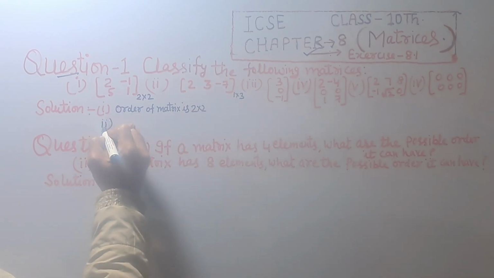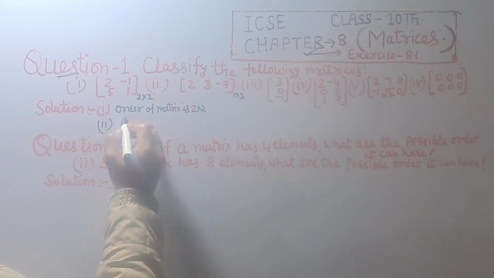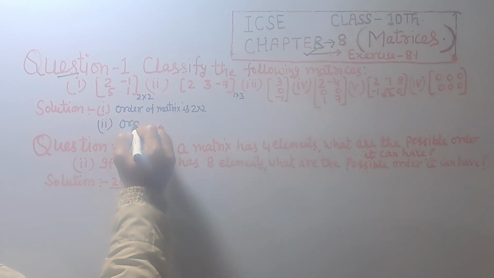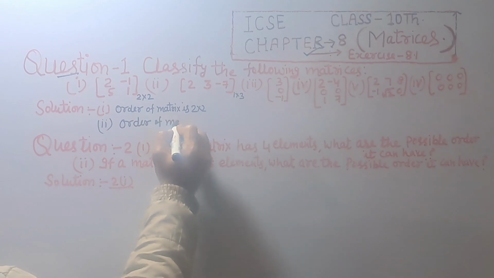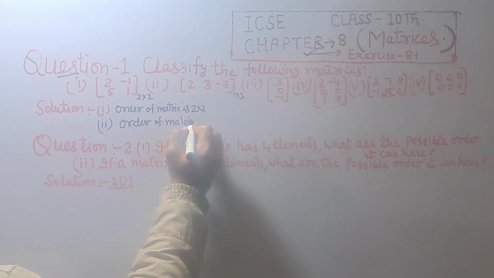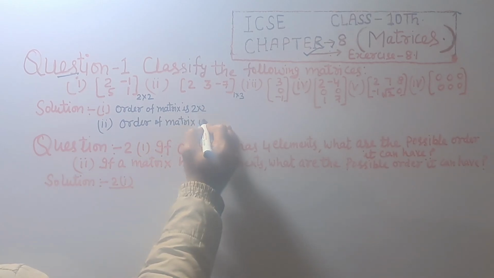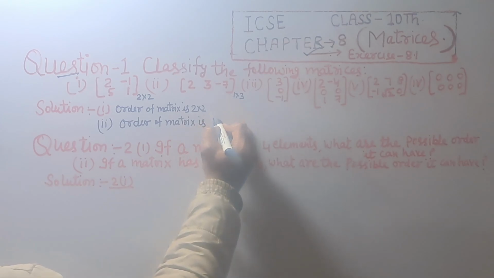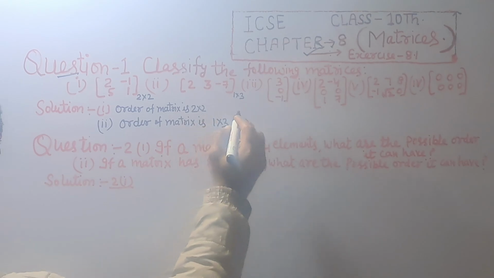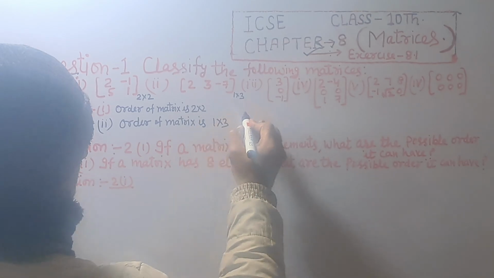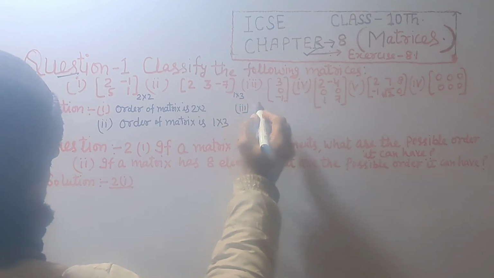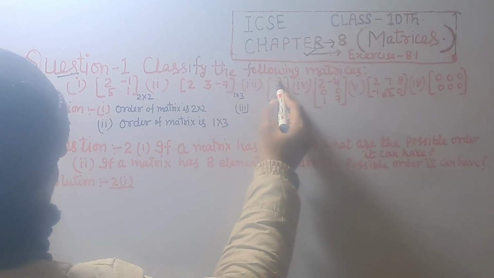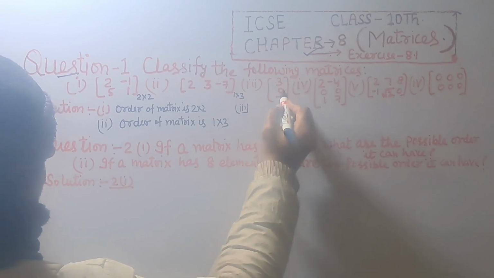So solution of second part, that is order of matrix is 1 cross 3. And third, 3, 0, minus 1.